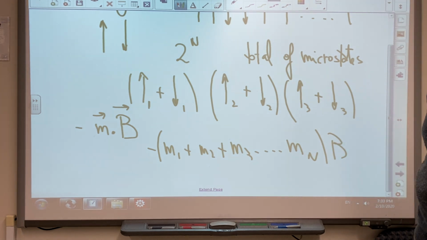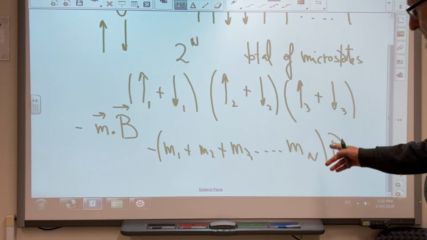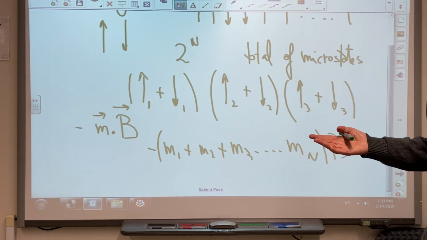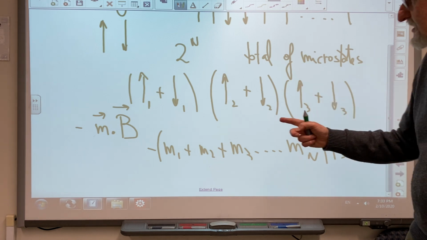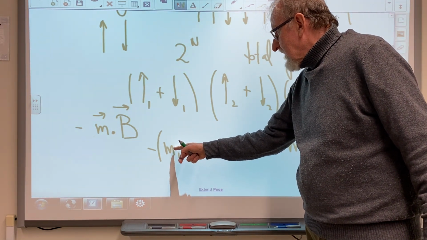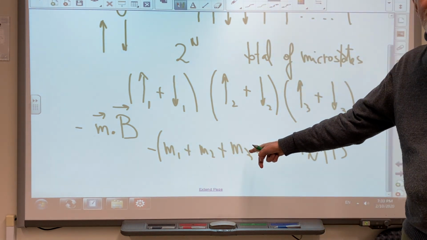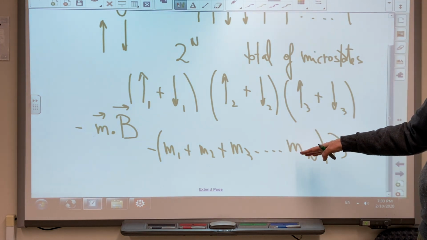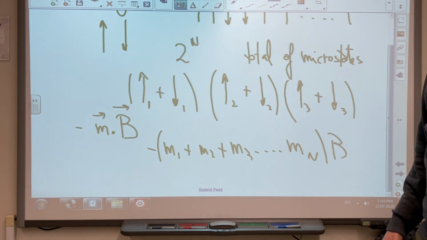But the minute I put a magnetic field, the energy changes. But you see, what matters is that a spin up counts as a 1, a spin down counts as a minus 1. So what matters is how many spins up minus how many spins down I have.